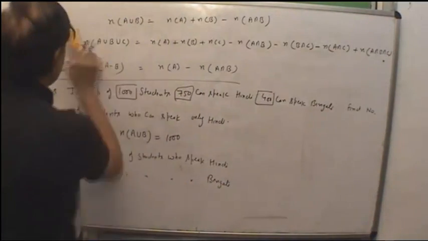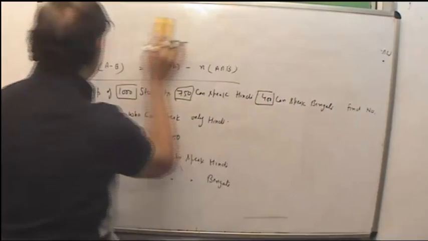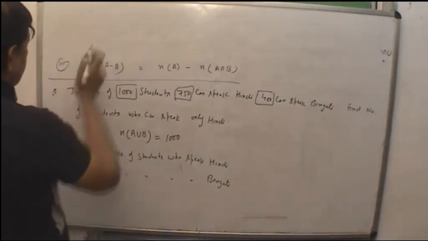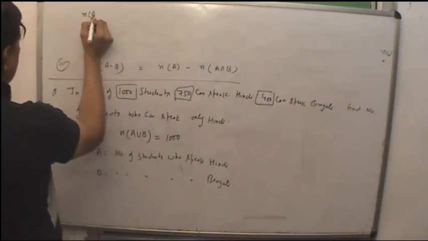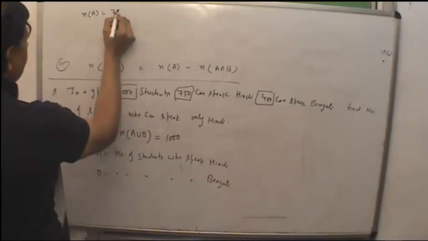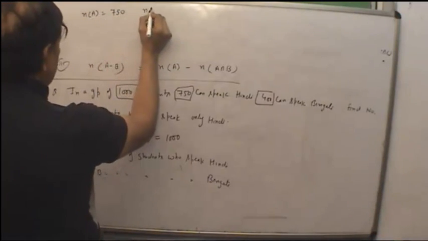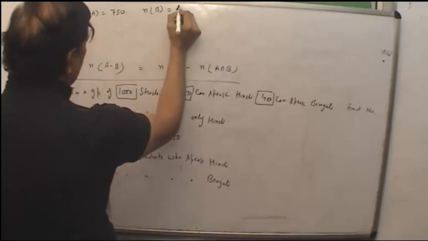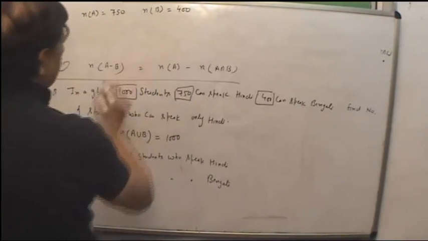It means their cardinal numbers: N(A) is 750, and N(B), who can speak Bengali, is 400.